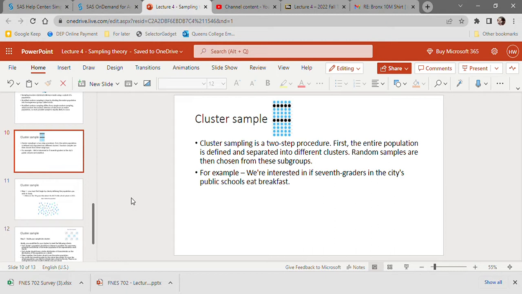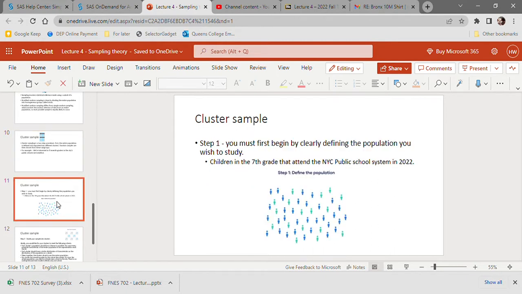So let's say we're interested in 7th graders in the current school year in New York City public schools who eat breakfast, right? Like, do they eat breakfast or not? So step one, you want to clearly define the population you wish to study, right? So we're going to say the population is children in the 7th grade that attended a New York City public school in 2022.